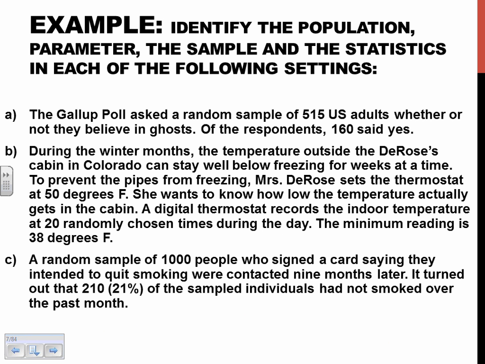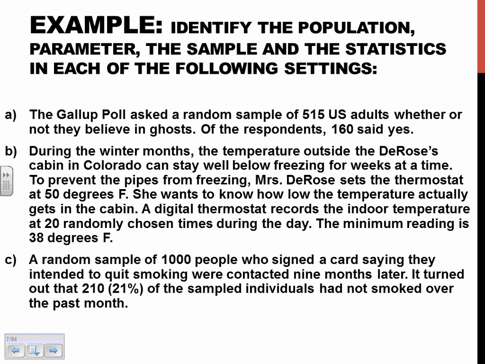Okay, example: let's identify the population, parameter, the sample, and the statistic in each of the following settings. A. The Gallup poll asked a random sample of 515 U.S. adults whether or not they believe in ghosts. Of the respondents, 160 said yes.